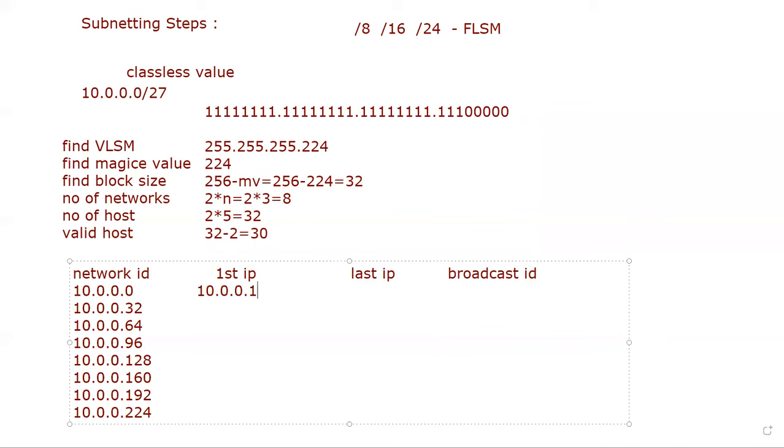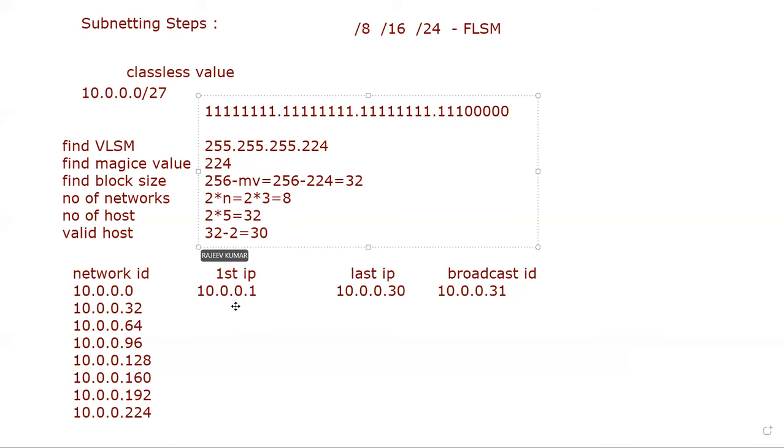So these are the different network IDs. So first IP is 10.0.0.1. Last IP is 10.0.0.30, and broadcast ID is 10.0.0.31. So in one network, you have 30 valid hosts.